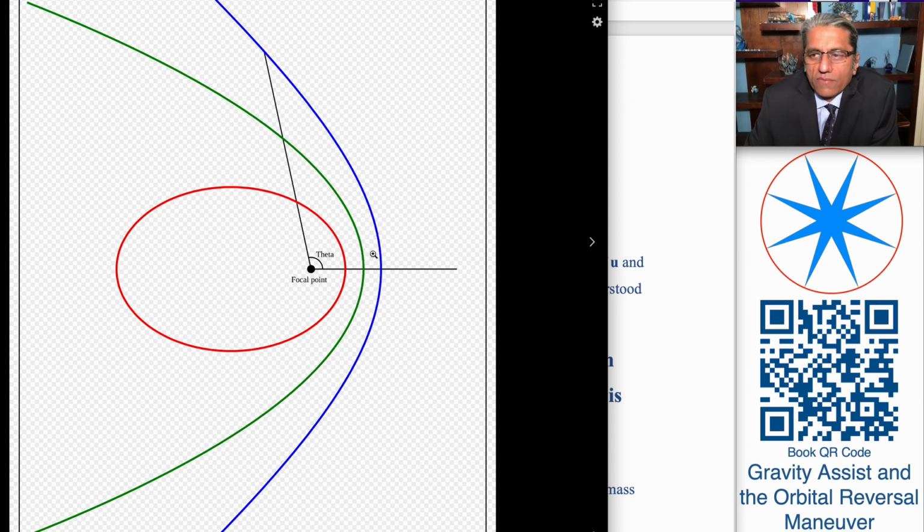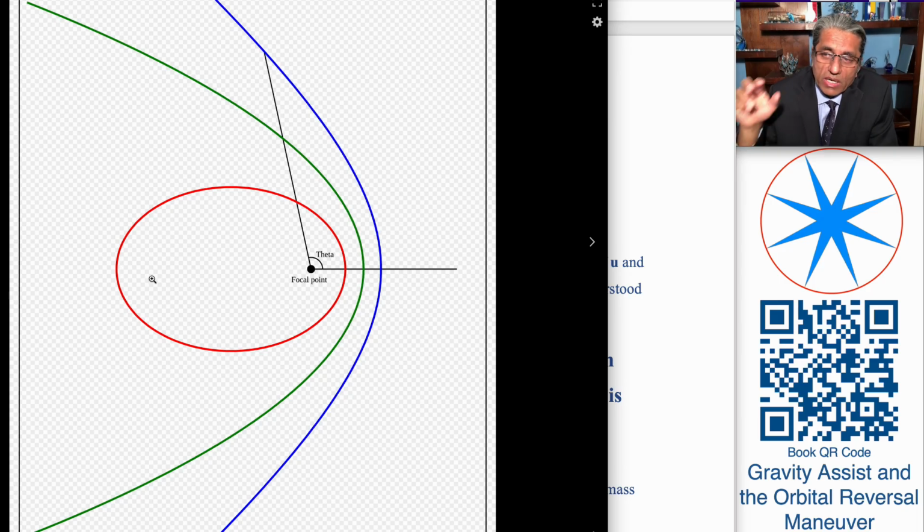When a spacecraft or an asteroid approaches a celestial body, which could be a planet or a star, and assuming that the mass of whatever is approaching is much smaller than the celestial body, it can have different kinds of orbits.